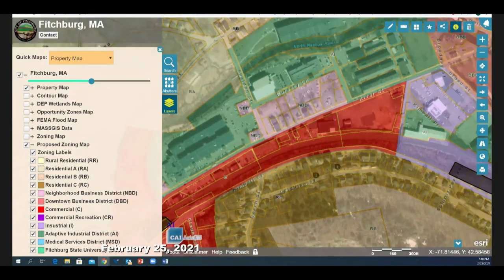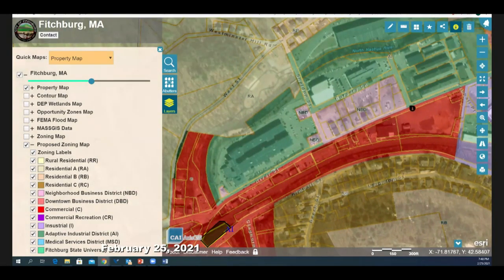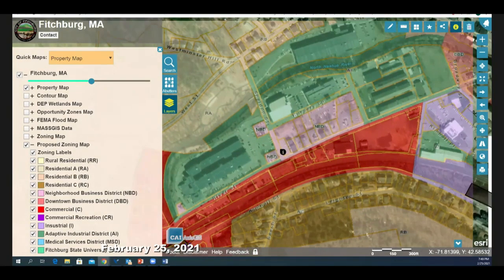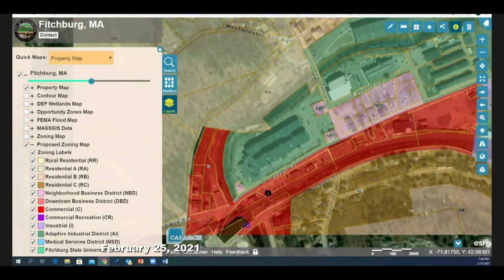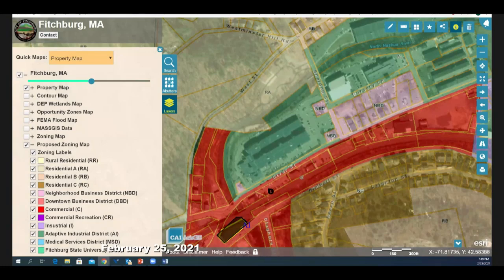Okay. And then basically along the River Street corridor on the northwest side, all of the properties that are not mill buildings in this corridor, we have designated neighborhood business district. On the southeast side, designating them commercial. So that's the former Voyatzi's Plaza here, stretching all the way down to some car sales lots.